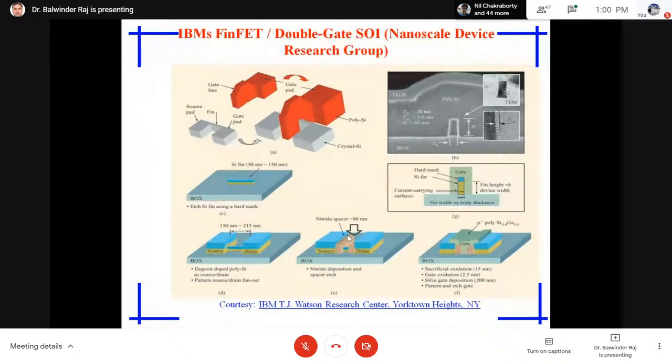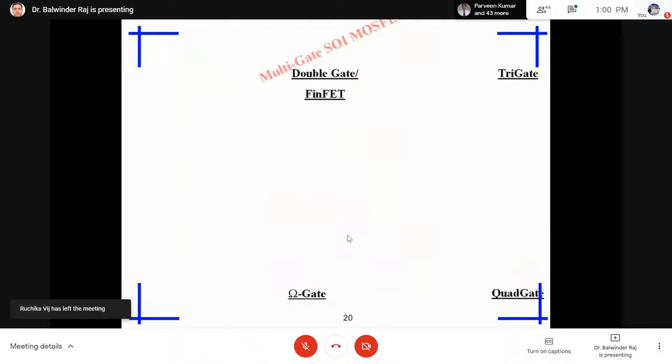So what is the difference between nitride spacer and silicon dioxide spacer? One thing is related to its dielectric constant. Second is its temperature handling capacity. Nitride can handle high temperature as compared to silicon dioxide, and it is a more reliable structure as a spacer.